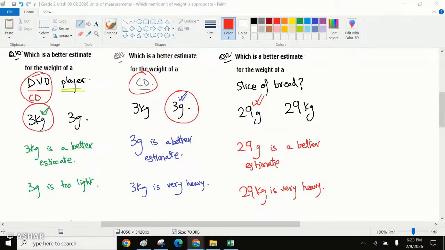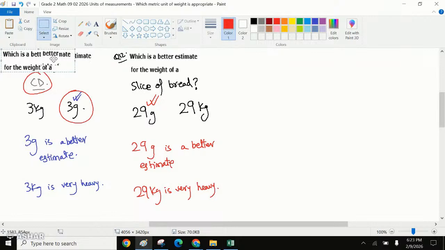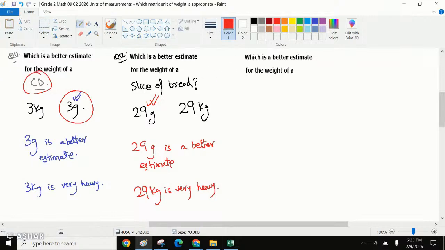Okay. A few more questions, then we'll go there to the test. Okay. The next question says, what is a better measure for the weight of a pencil? Okay. 4 grams or 4 kilograms?